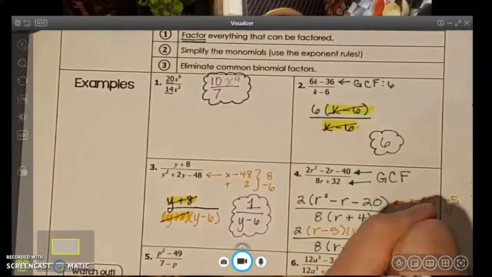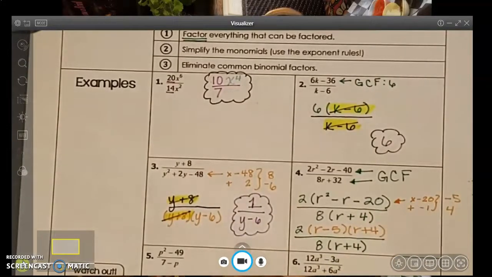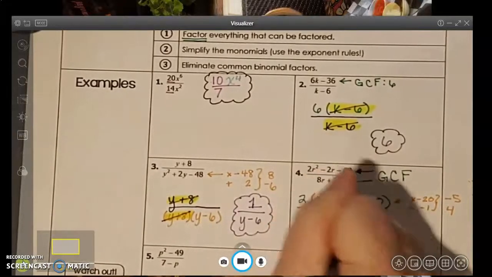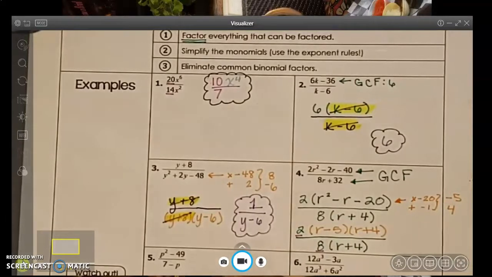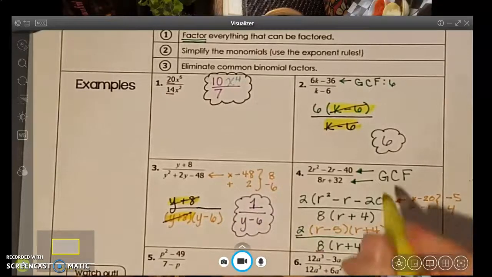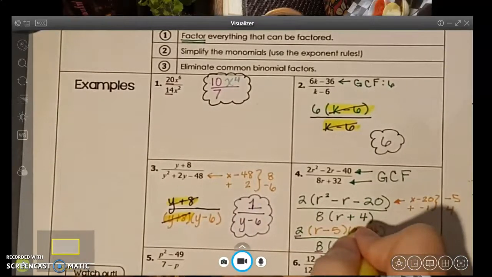Okay, so we want to reduce anything that we can. Notice we have a 2 that will reduce with this 8. And we also have 2 matching binomials here, r plus 4 and r plus 4, that will reduce.